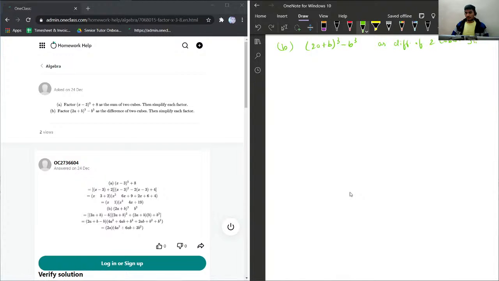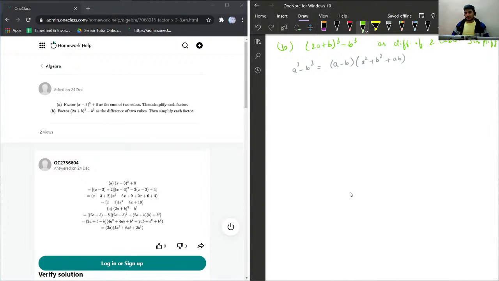So I'll just write the property. a³ − b³ is (a − b)(a² + b² + ab).